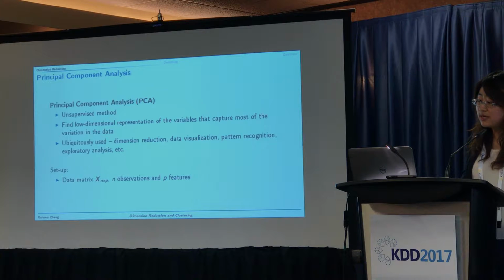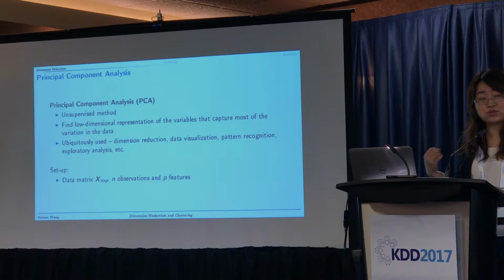It is an unsupervised method, which means it doesn't have labels or responses. So the data we use is an n by p matrix where each row is a p-dimensional feature vector. What we need is to summarize them by projecting down into a q-dimensional space where q is usually much smaller than p.